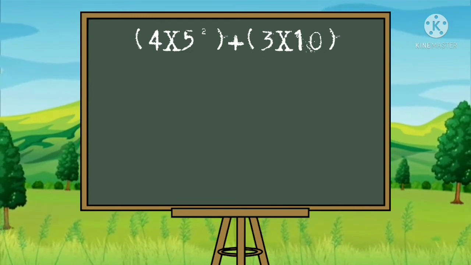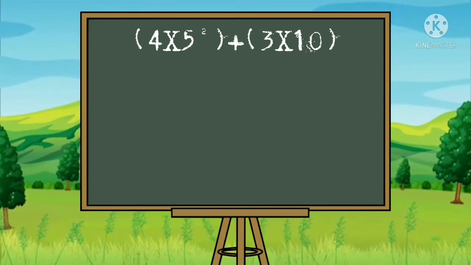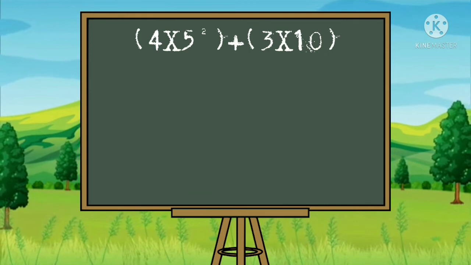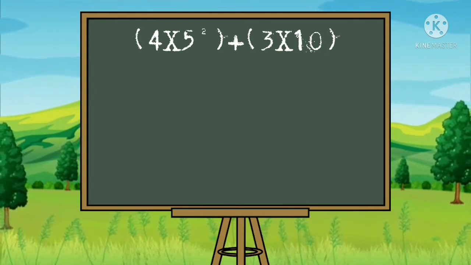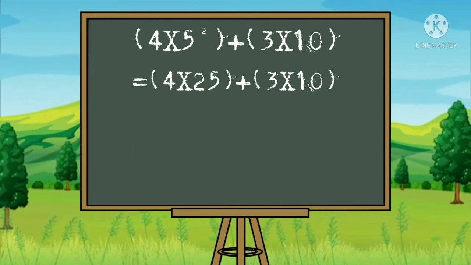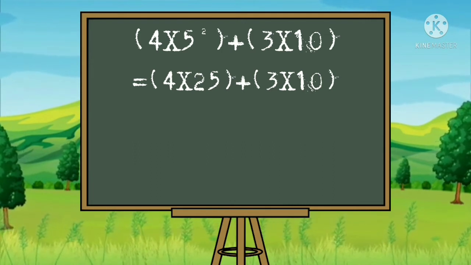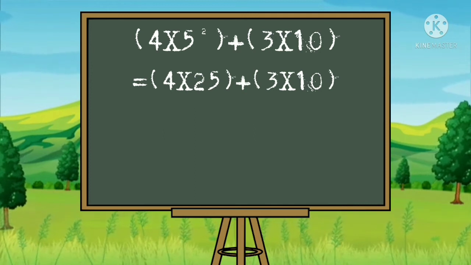As we can see there is an exponent, which is the 2, so we need to evaluate that first. By the way, what is the number with an exponent? Yes, it is 5, and our exponent there is 2. So just copy 4 times, and 5 times 5 is equal to 25. Then enclose that in open and close parentheses. Then just copy the operation used, which is the addition.